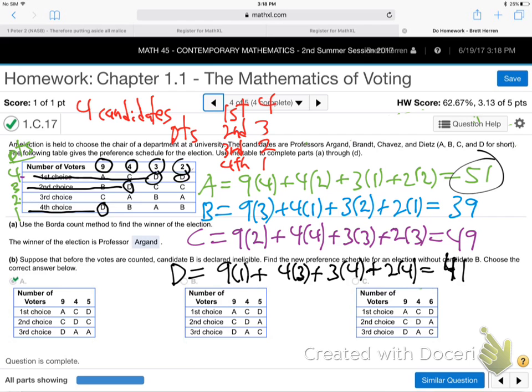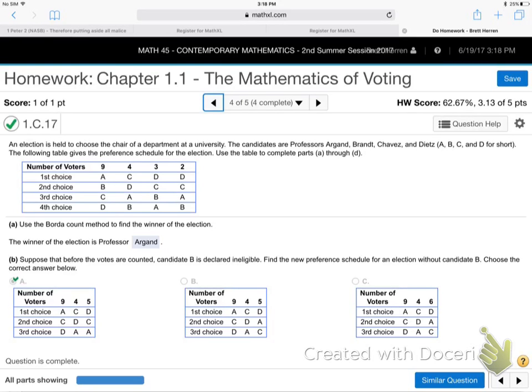If you all got that down, copy down. Okay, this will be on YouTube later if I'm going too quick. So, part B says, suppose that before the votes are counted, B is declared ineligible. B was cheating on his or her taxes. Find the new preferences. So if B drops out, what's that going to do? Do you realize these 2 will become the same? They're both DCA now.